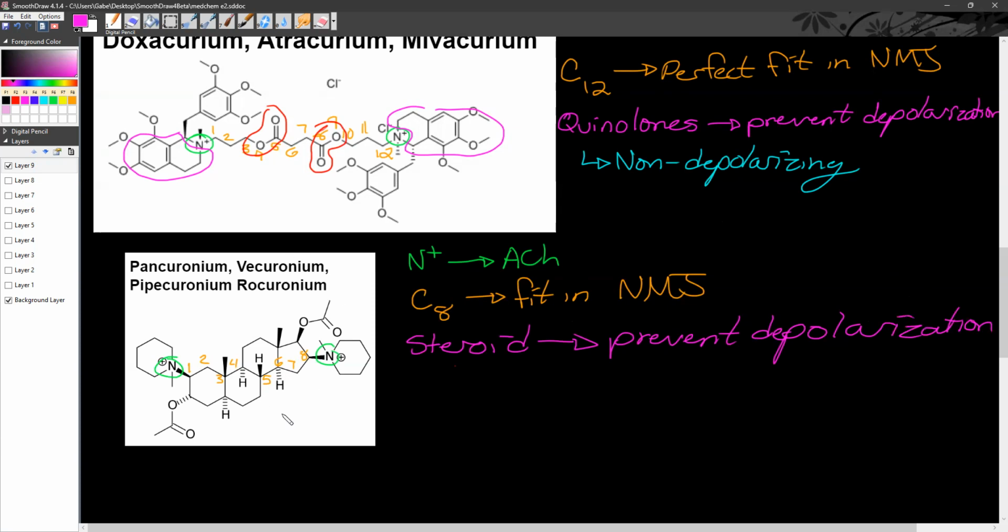In the main structure, we're using a steroid, which in all intents and purposes is going to be very, very lipophilic. But again, are these drugs going to be less metabolized? Not really, because once again, what do you have hidden in the structure? Bunch of esters.